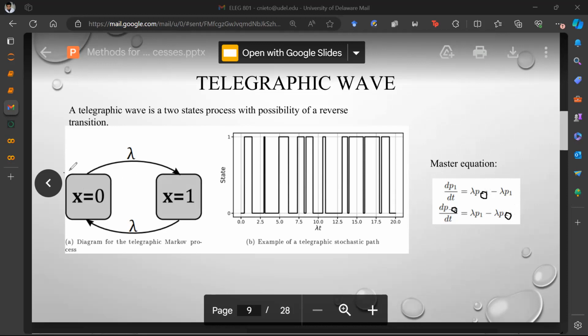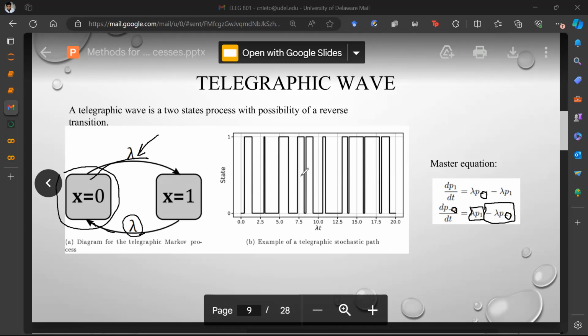So the idea is like this. From this, you have an efflux from 0 to 1, so you have a negative number here with rate lambda. And the same from 1 to 0 with rate lambda. So it's incoming, so the flux is positive.